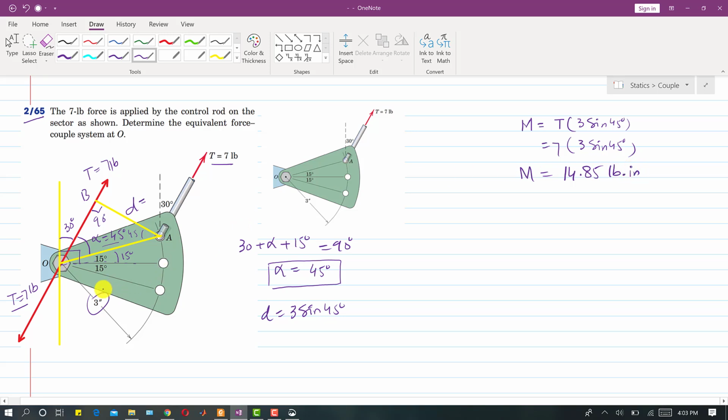And what should be the direction of this couple? As we can see, they are producing a counterclockwise couple, right? This is producing in this direction, and this is producing in this direction, so this is a counterclockwise couple. Now we will replace this force system with the force couple system here. So let me draw it again.